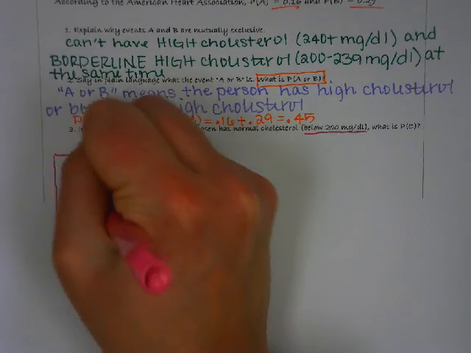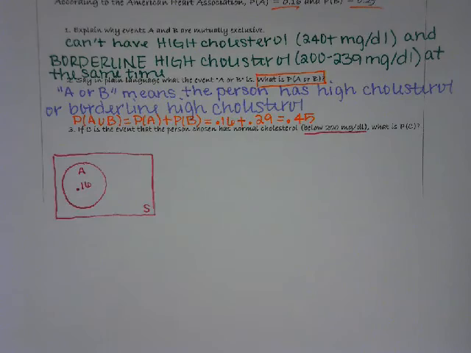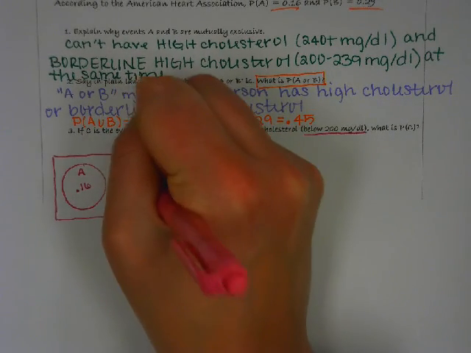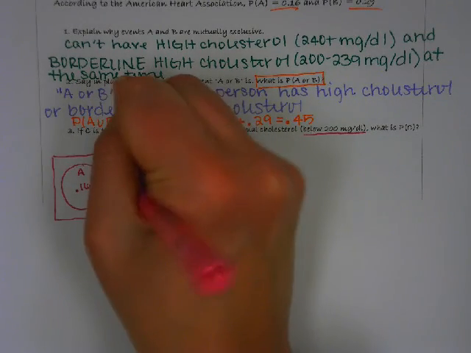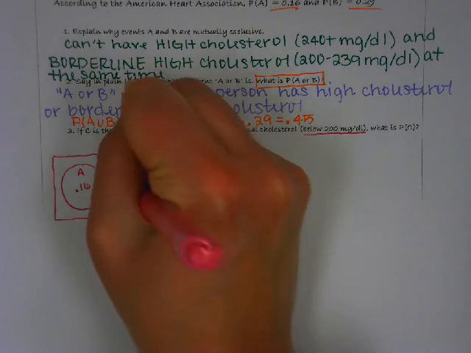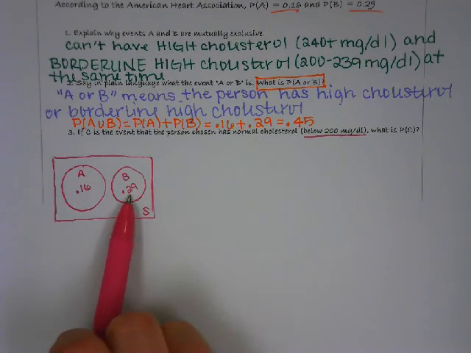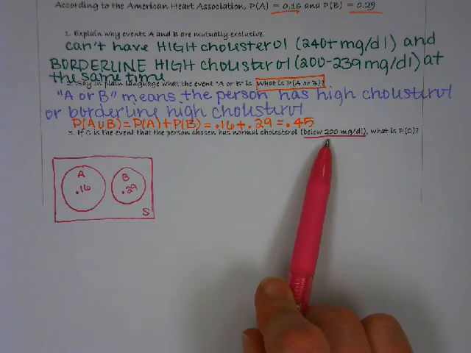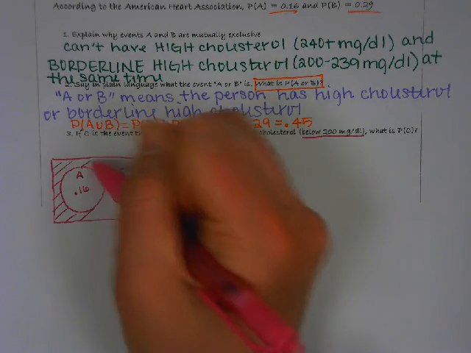We have event A, they have high cholesterol. That happens with a probability of 0.16. Borderline high. And by the way, my circles will never be to scale. Never. Because see, my A is bigger than my B, sorry. That's 0.29. So this is high, this is borderline high. And then we're looking at event C, that it's normal or below 200. So that would be everything outside of A and B. So this is event C out here.